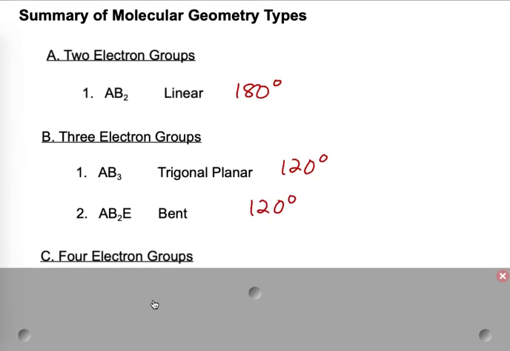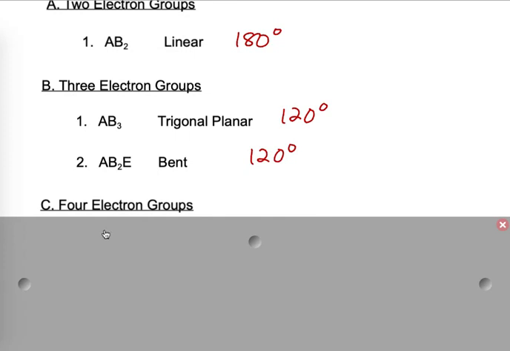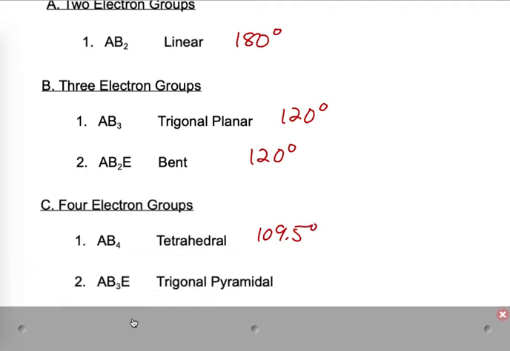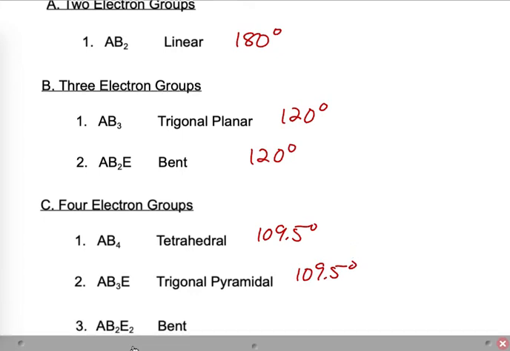For 4 electron groups, there are 3 possibilities: AB4 tetrahedral, 109.5 degrees; AB3E trigonal pyramidal, 109.5 degrees; and also AB2E2 bent, 109.5 degrees.